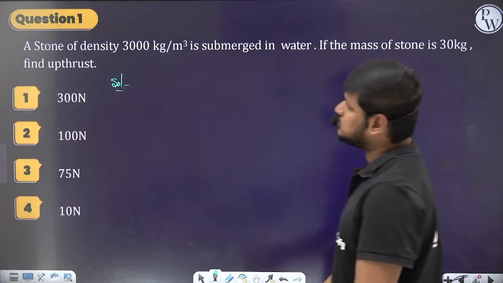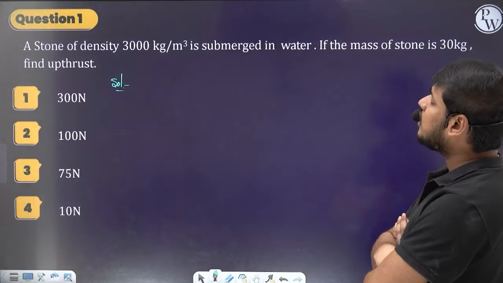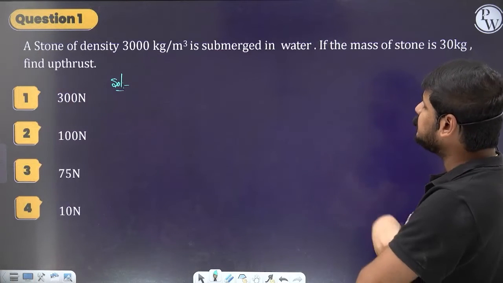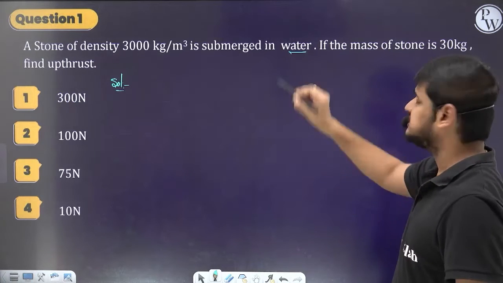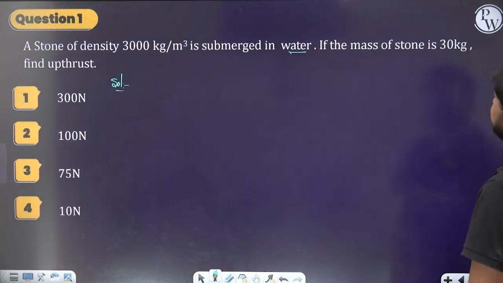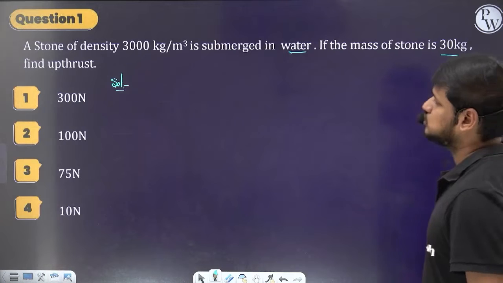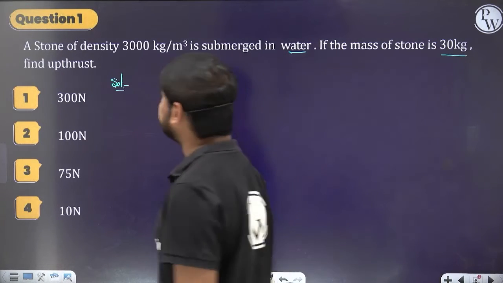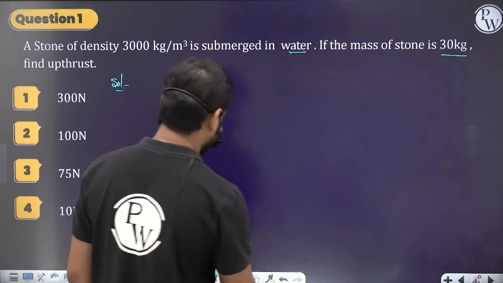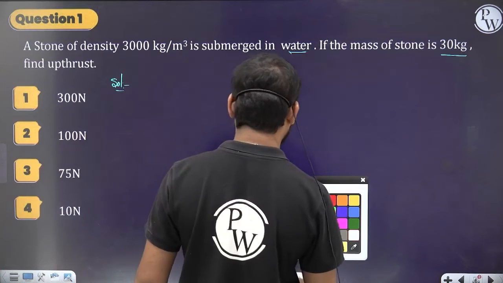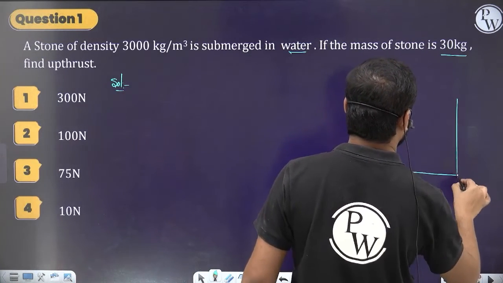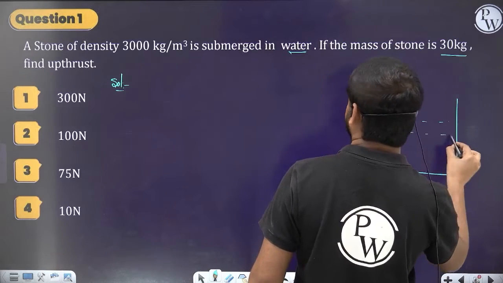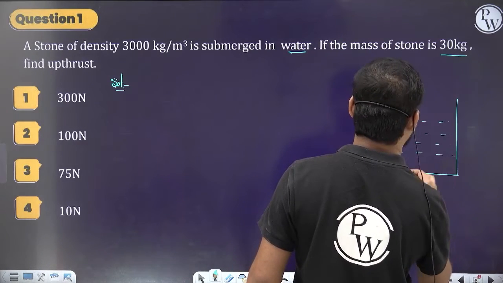So what does the question say first? A stone of density 3000 kg per meter cube is submerged in water. So they gave the fluid as water here. And the mass of the stone is given as 30 kg; find the upthrust. First of all, let's consider a container in which a stone is submerged.